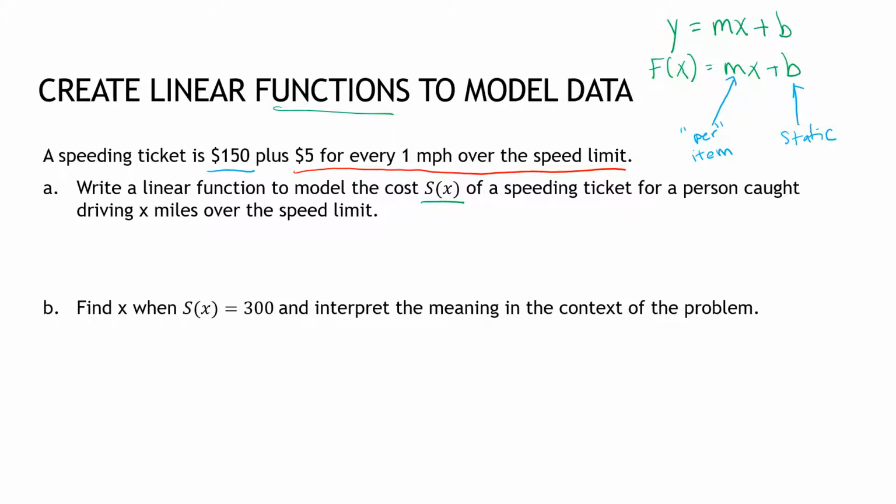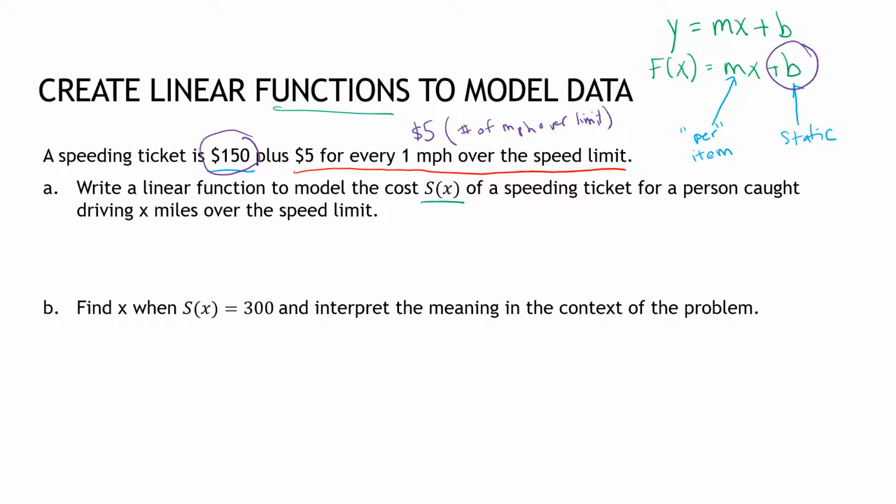So I can see from that that the $150 is a static amount. I pay it. I don't pay $150 for every hour or mile per hour over the speed limit. It's just $150. So that's this guy. The $5 for every 1 mile per hour over the speed limit means that this $5 needs to be multiplied by number of miles per hour over the limit.